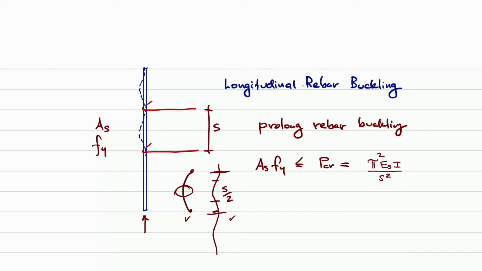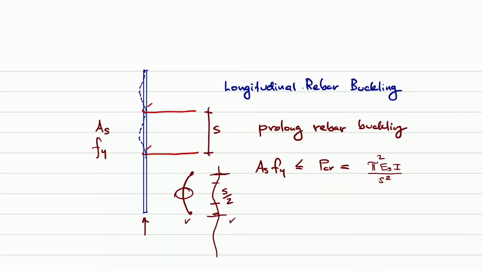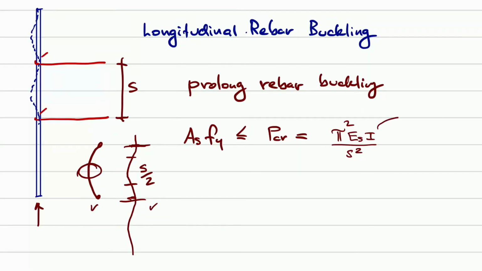For a circular cross section, what is it? Pi over 64 d to the fourth. Well, we don't need to memorize things. Second moment of area, circular.